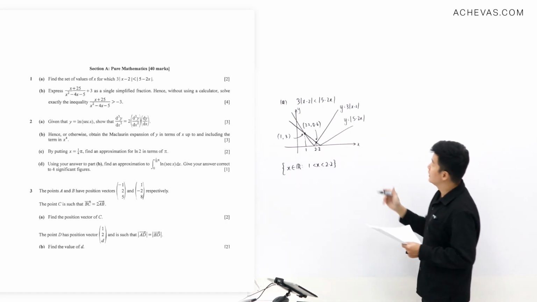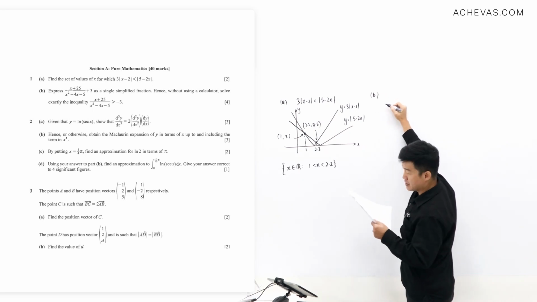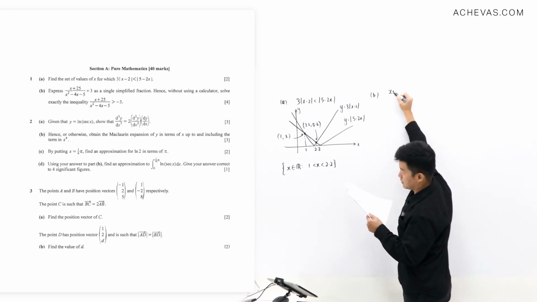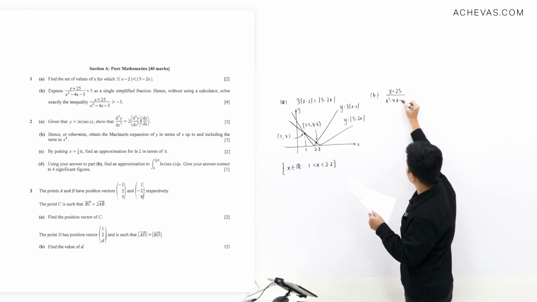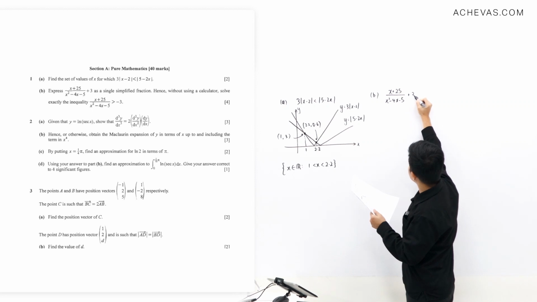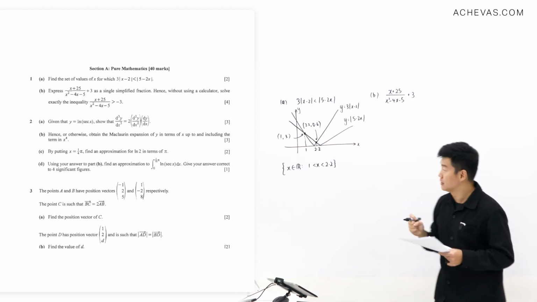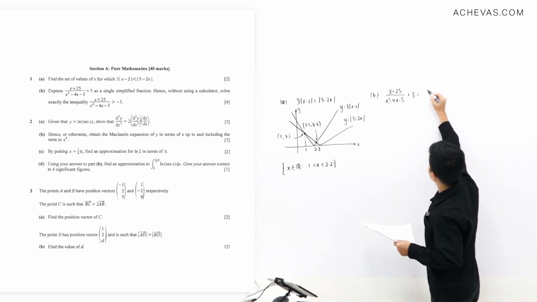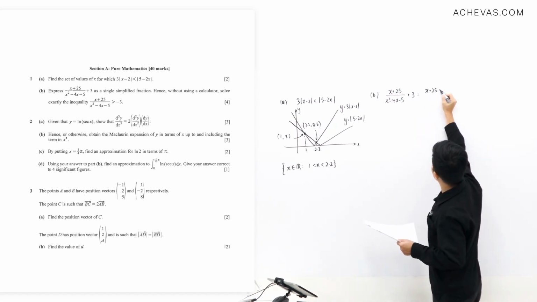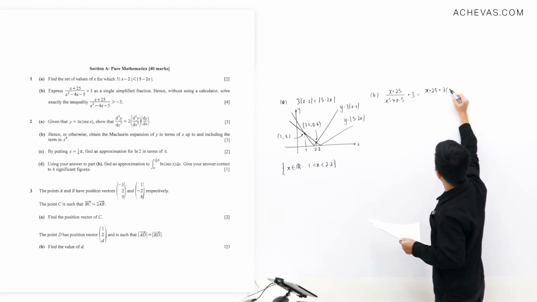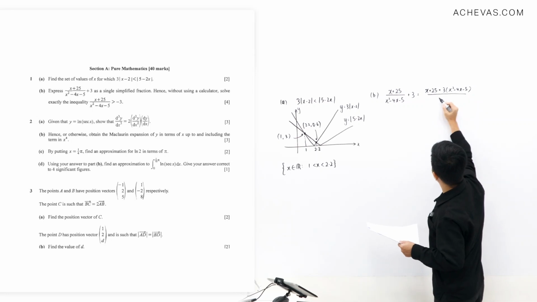This is for part A. Let's take a look at part B, where we are given the expression (x + 25)/(x² - 4x - 5) + 3, and we are supposed to express this as a single simplified fraction. Pretty simple. Let's group this together by multiplying 3 with x² - 4x - 5, so that they share a common denominator.